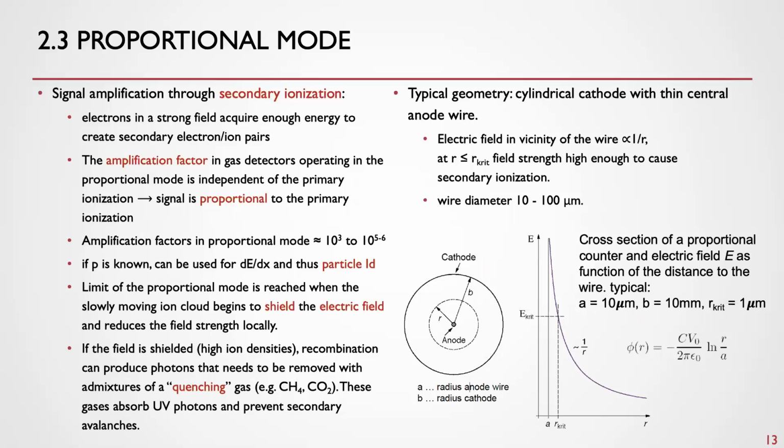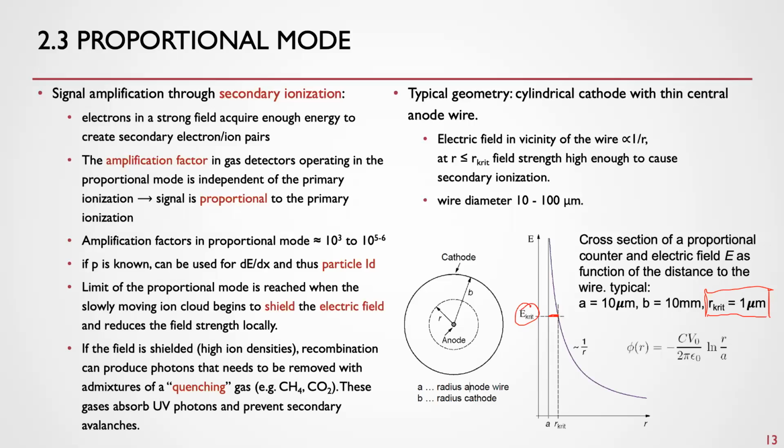In this particular case, we can now assume that below a critical radius of 1 micron, the field strength is large enough for secondary ionization to be created. So we define the critical energy as the energy below which the field strength is large enough that secondary ionization takes place.